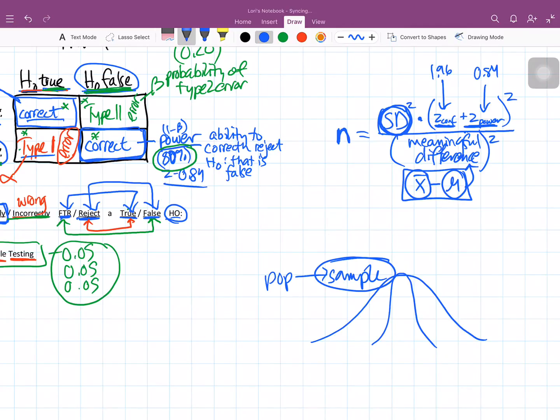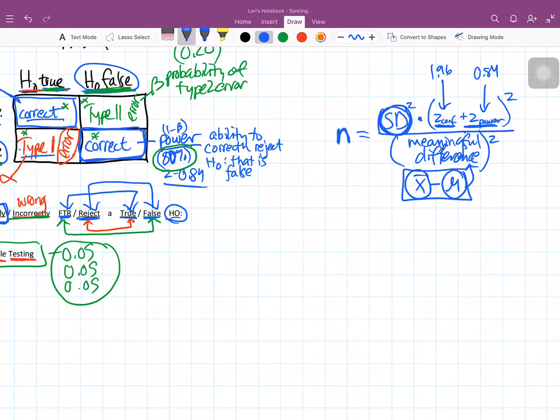So let me actually erase this. If we have a sample, and that would be blue, if we have a sample that is really wide in distribution, and here's the sample mean. And we say, we want to test if that is different from maybe this value right here, mu.